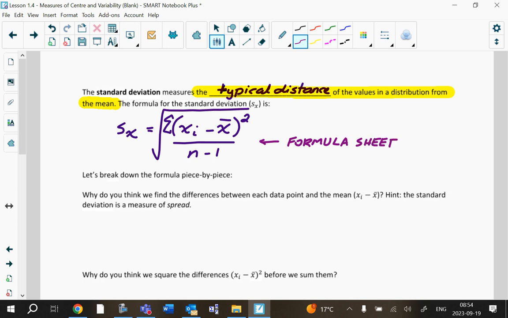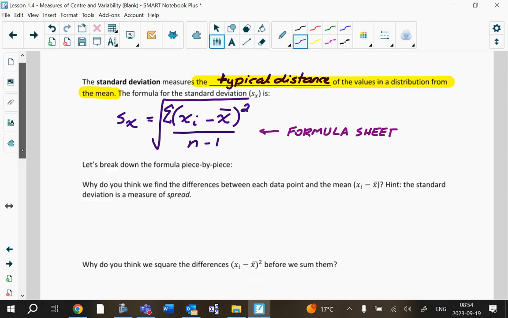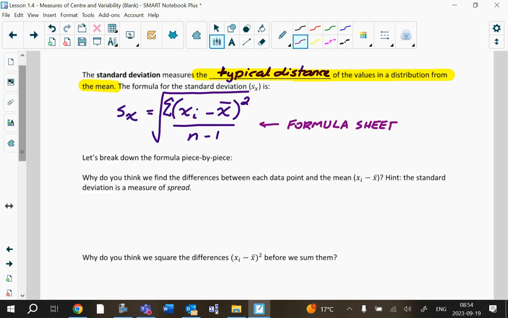So just to go through this formula. Why do we subtract each data value from the mean? Why do we do this?